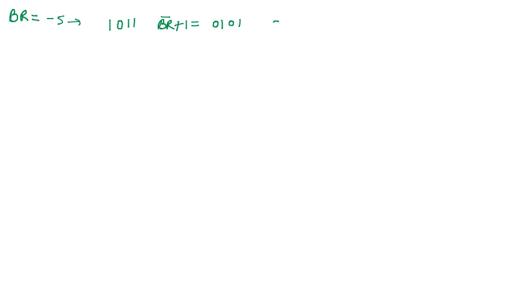Similarly, the value of QR was +6, and this will be represented as 0110. Let's start the process.